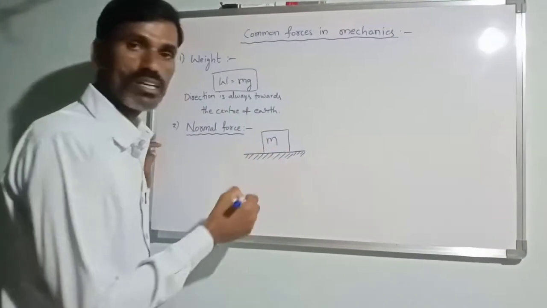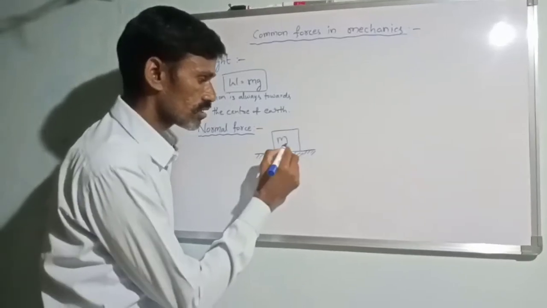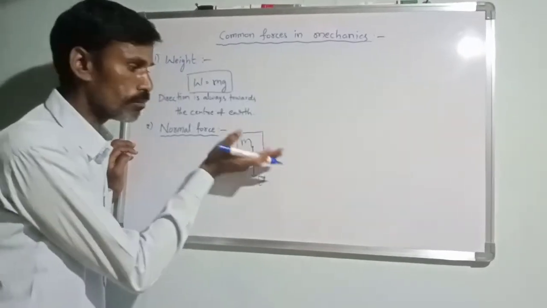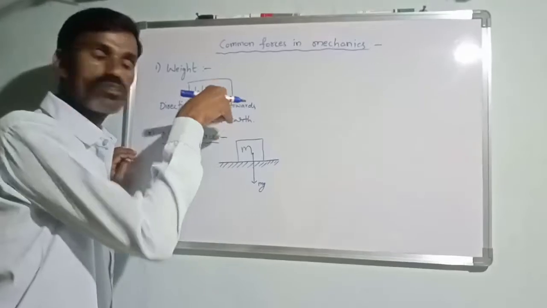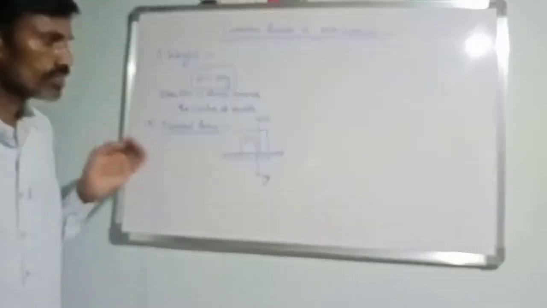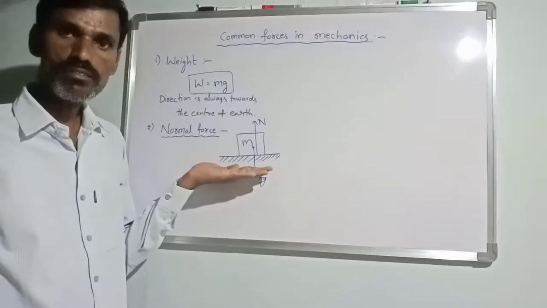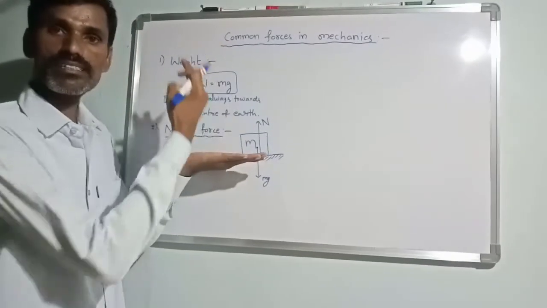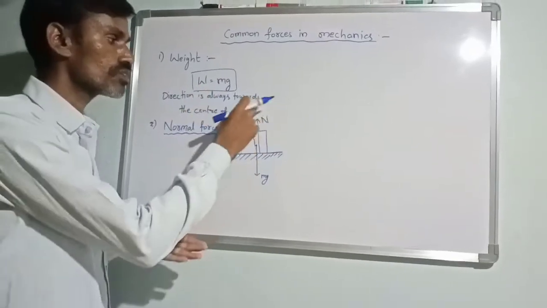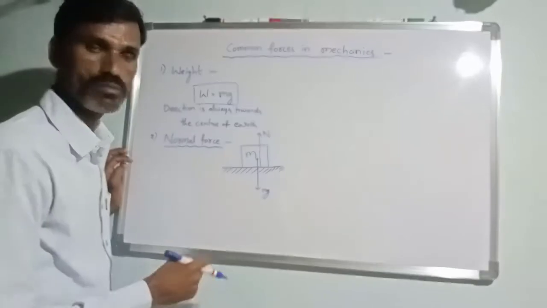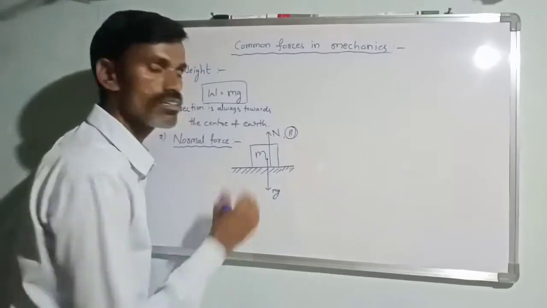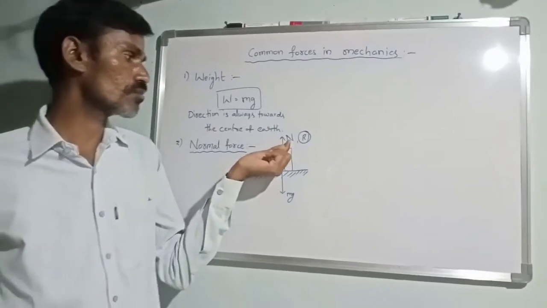The weight is in the downward direction, and this surface may apply some force on the mass m, and that force is the normal force. The force which acts perpendicular to the contact surface is taken as the normal force. In some books we take the normal force as N, in some books as R. I take the normal force as N.